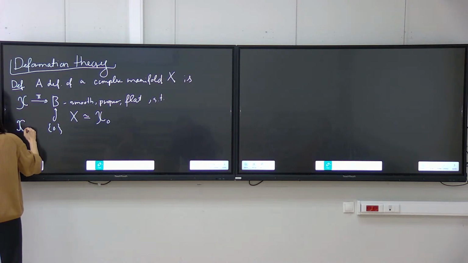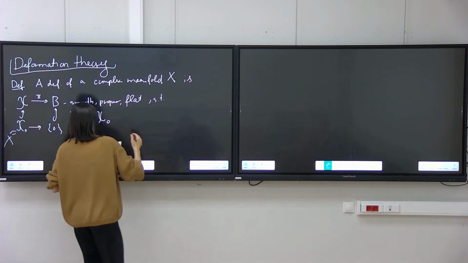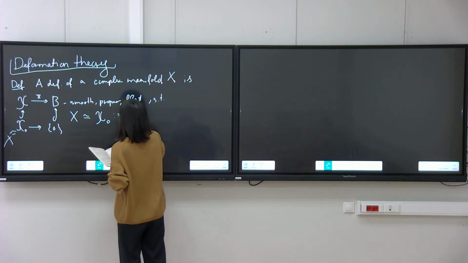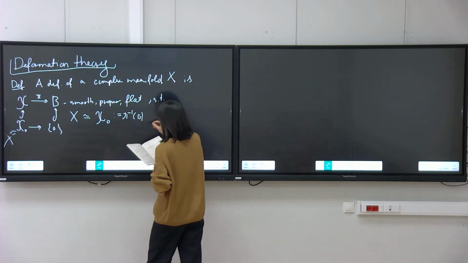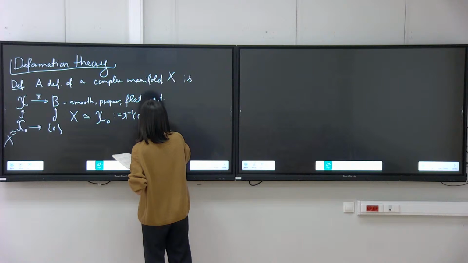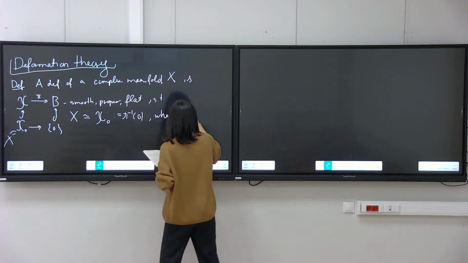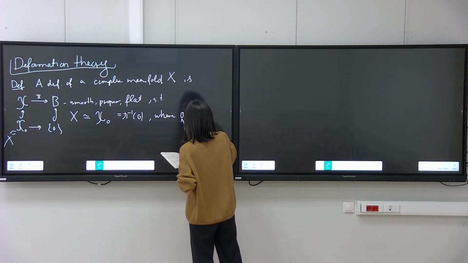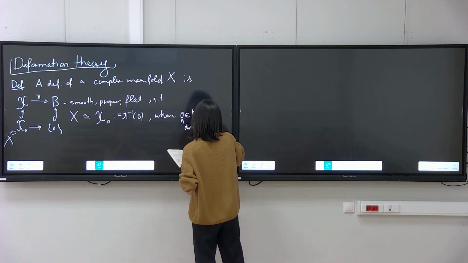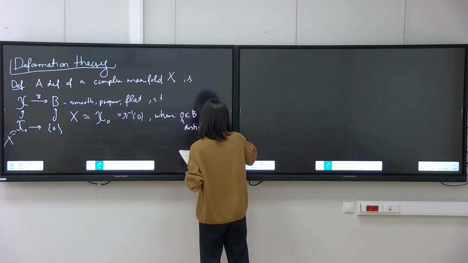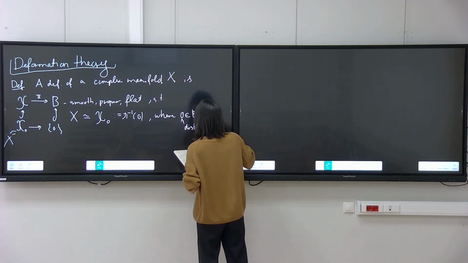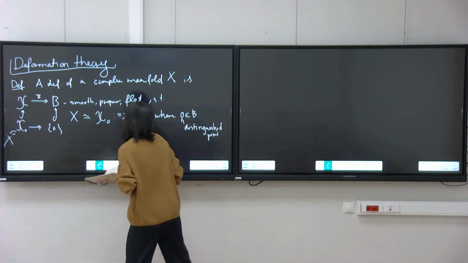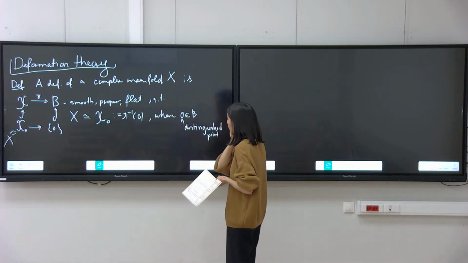So here is a fiber over 0, where 0 in B is a distinguished point. And what is B?